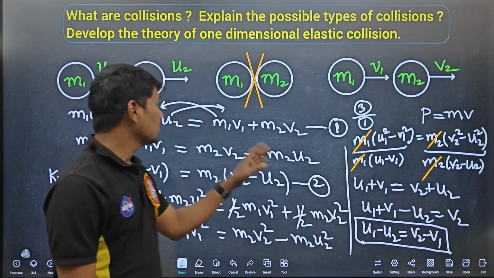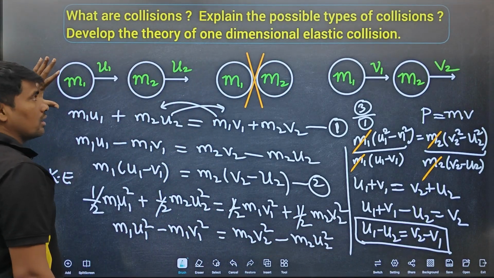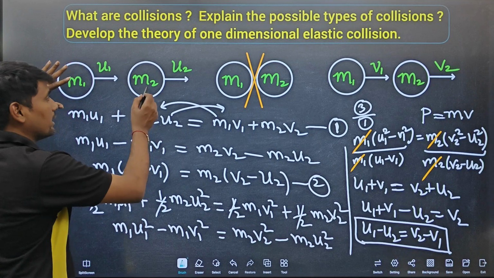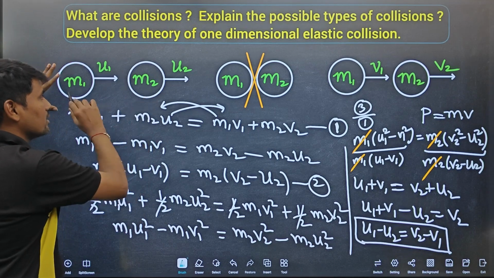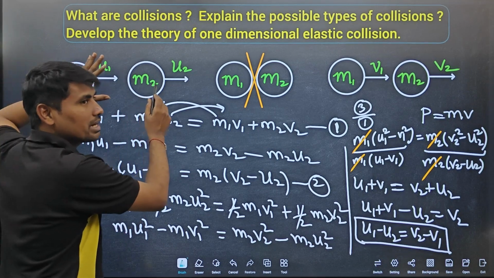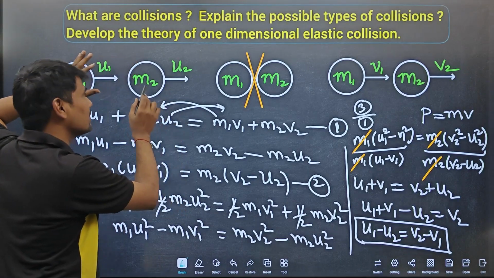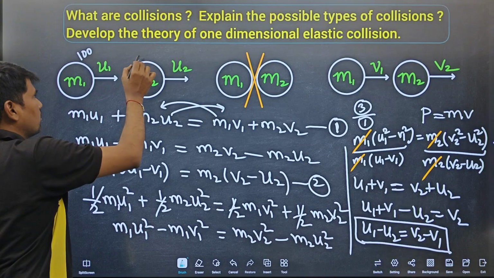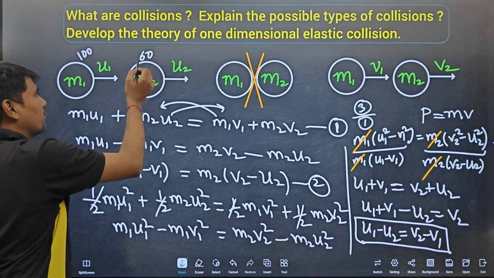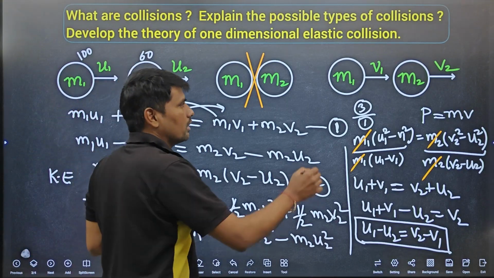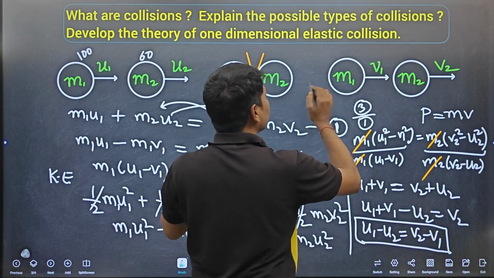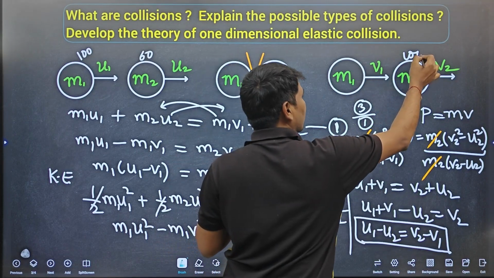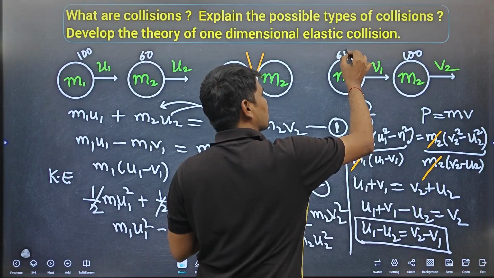For example, the car from behind is coming with 100, the bike 60, so what is the relative velocity? The difference between 100 kilometers per hour and 60 kilometers per hour. Difference how much? 40. Next, after collision, the bike is moving with 100 and the car with 60.